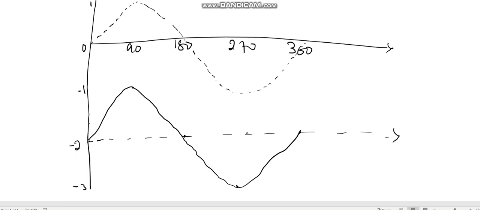Like that. So this is the graph of y equal to sine x minus 2, like this. This is the graph of y equal to sine x, like this.